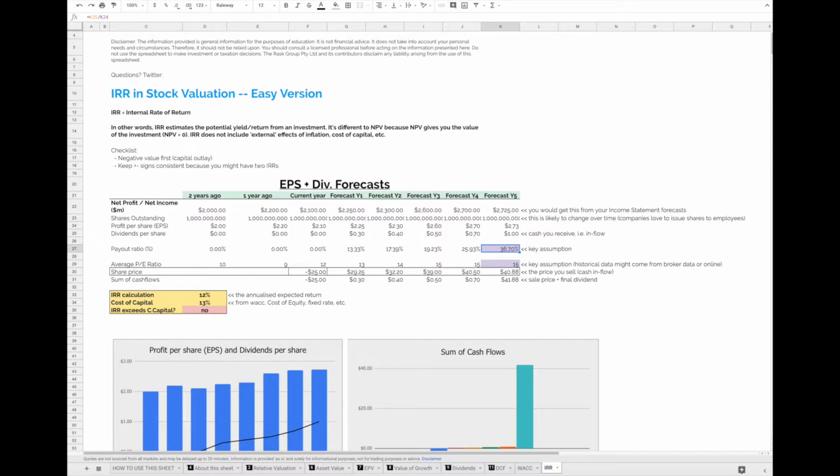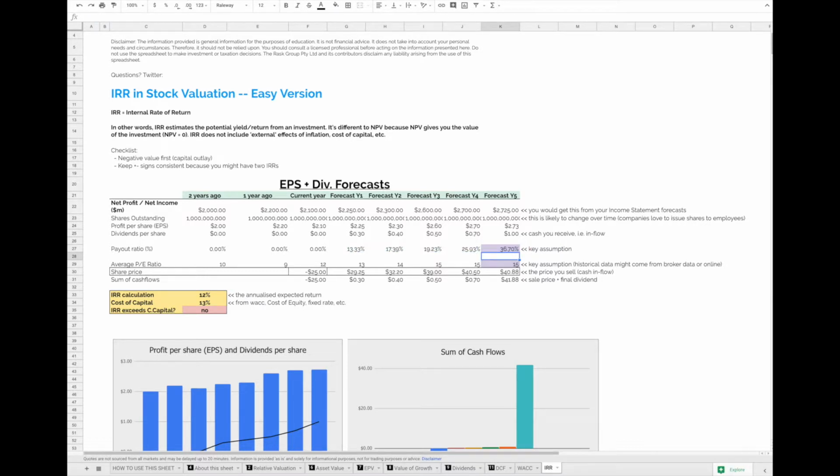And other supermarkets currently pay out about 40% of their profit as dividends back to shareholders. Therefore, by year 5, I estimate it will be paying almost the same amount of dividends as a percent of profit. This is another assumption. So as a general rule in finance, the more decisions you have to make, the more likely you are to get one wrong. So keep that in mind.